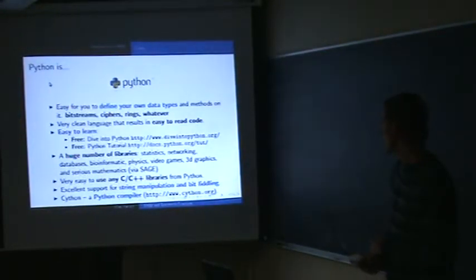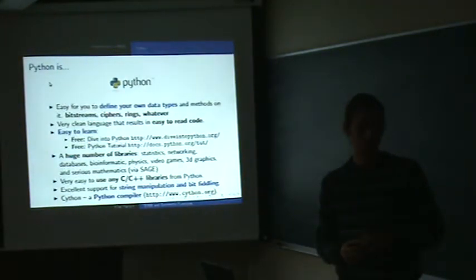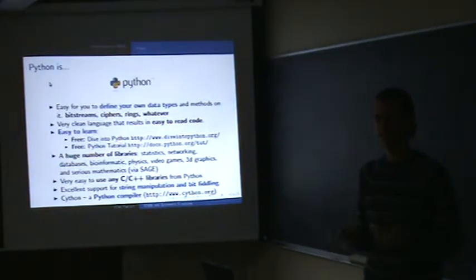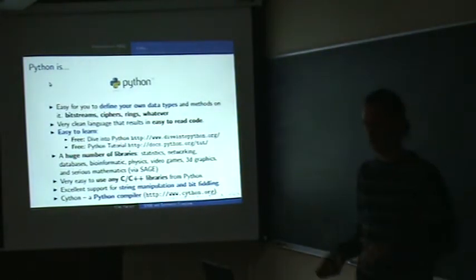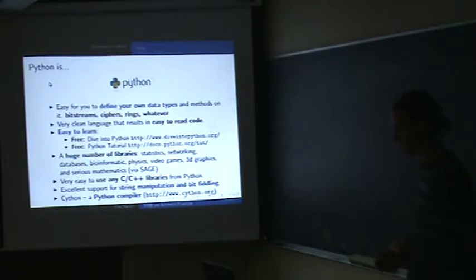It's easy to define your own data types and methods in Python. If you're used to working with, say, Maple, there's no real notion of a data type. Everything is just an expression. Being able to have typed data makes it much easier to do math on computers.